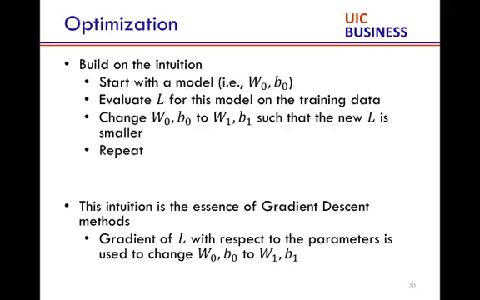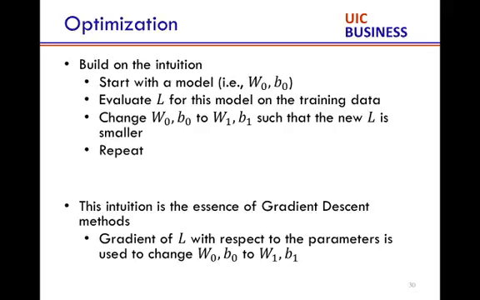So we're going to focus only on certain types of optimization methods, as I said, first order methods, but also methods which are iterative. I've set boundaries in terms of what type of optimization algorithm or technique I want to use. And this intuition is the essence of the gradient descent methods.